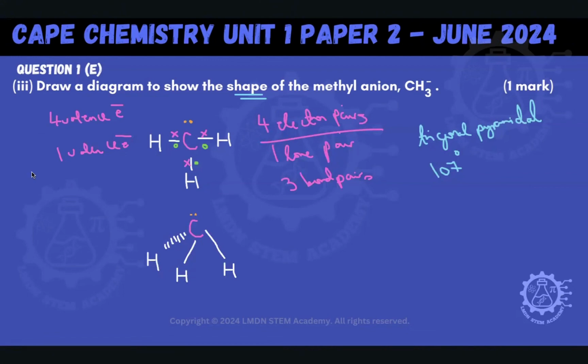So I'm going to use a different color now. Let me use this blue here. Generally, when we're sketching out the shape, we just draw the vertices. So I'm going to draw this bond, connecting to that bond, connecting to that bond, and then connect these two there. And then we're going to go up here to the lone pair.